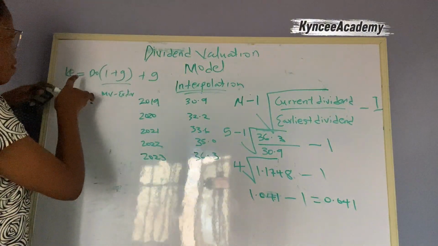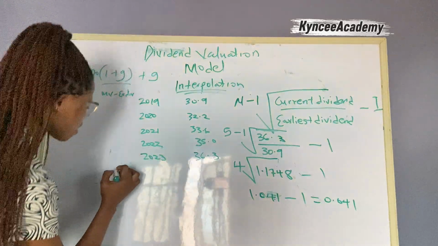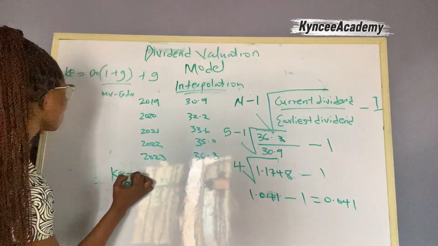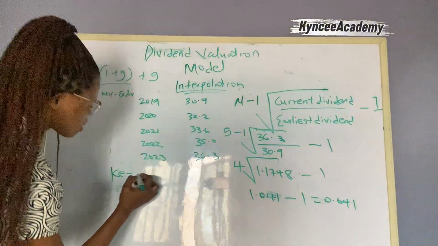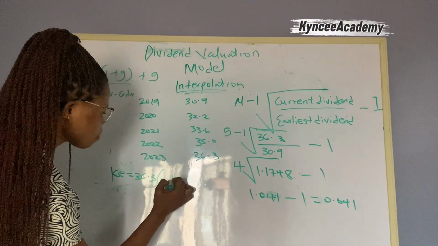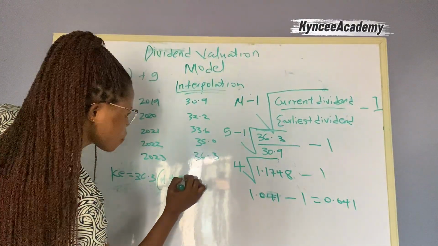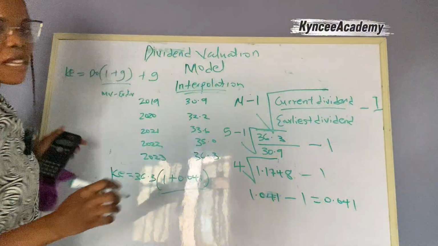So going back to our formula, using the interpolation method, cost of equity is equal to the current dividend, which is 36.3, times 1 plus our growth rate of 0.041, all over the market value ex-dividend.